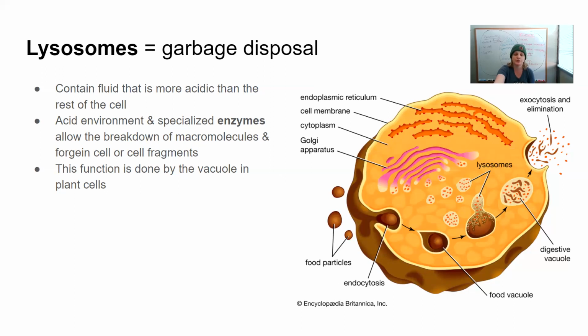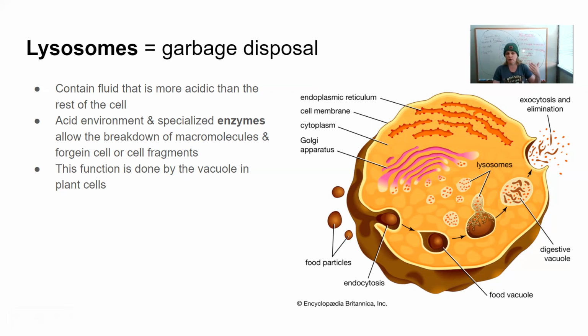Okay, so there are specialized enzymes that allow the breakdown of these big macromolecules, whether that's proteins that didn't turn out quite right, or invaders like viruses that are invading the cells. The cell can break those down and then use the amino acids and the nucleic acids and the carbohydrates and all that stuff in its regular cellular processes.